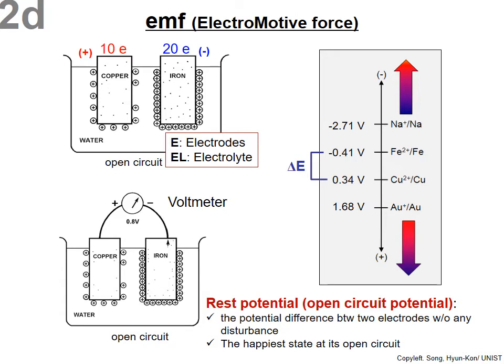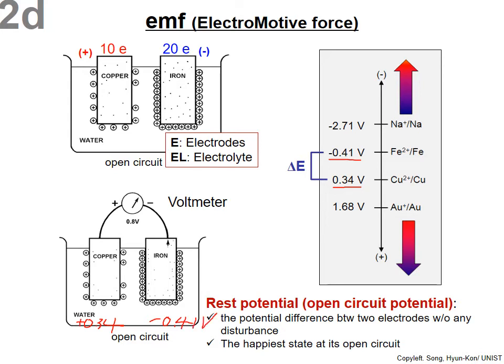So copper, what is the reduction potential here? Plus 0.34 volt. And how about the reduction potential of the iron bar here? Minus 0.4 volt, for 1 volt.